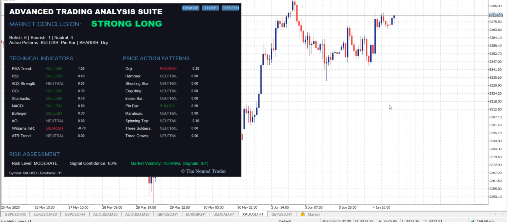It is not a promise, but it is going to be an indicator that can analyze the charts on any time frame.